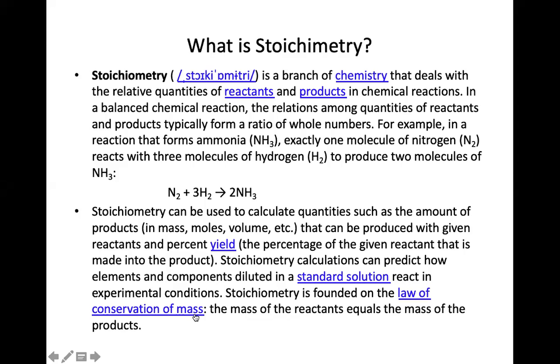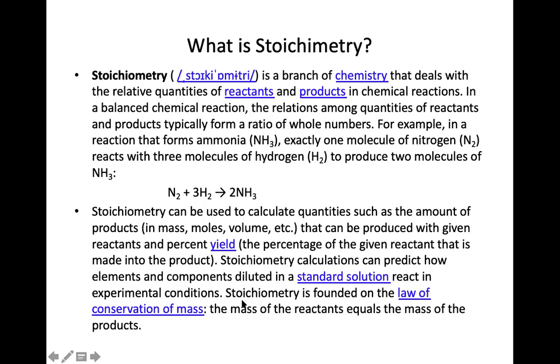Water on the earth's surface is constant. Just one form to another form can be transferred, but total mass of water cannot be changed. The mass of the reactants equals the mass of the product.